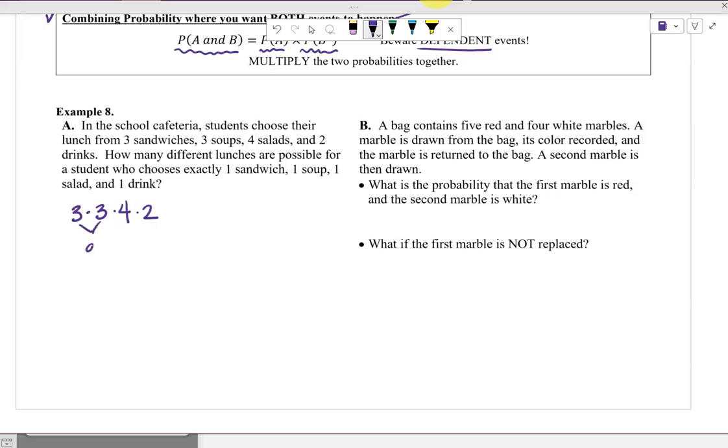Okay, 3 times 3 is 9. 4 times 2 is 8. Multiply those together, and there are 72 lunch combination possibilities.